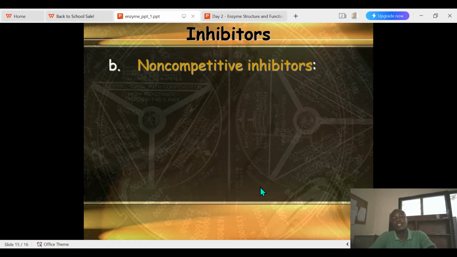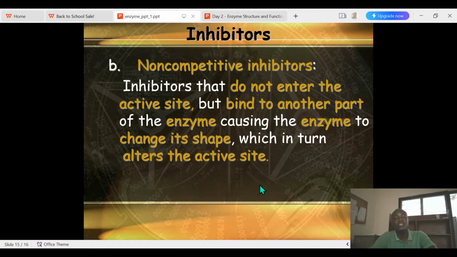And then the other one is non-competitive inhibitors. These are inhibitors that do not enter the active site but bind to another part of the enzyme, causing the enzyme to change its shape, which in turn alters the active site.